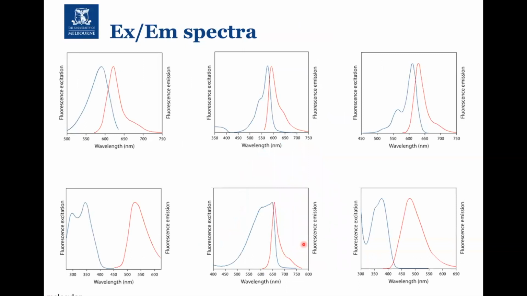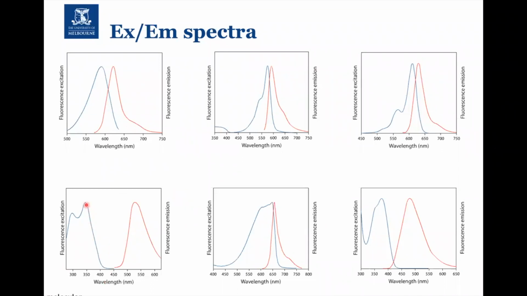As I mentioned, each different molecule which can undergo fluorescence has very different chemical structures, and that produces very different spectral properties. So here are some examples of 6 different fluorophores and their excitation and emission spectra. The top 3 you can see are fairly standard. They've got a standard kind of Stokes shift gap, whereas this one on the bottom right is a very interesting fluorophore.